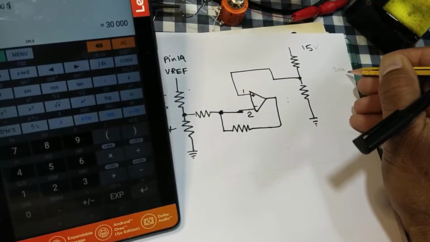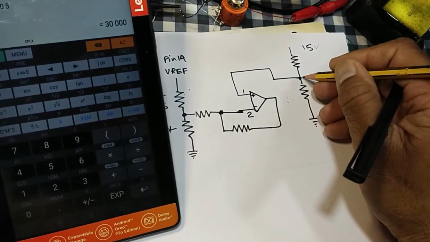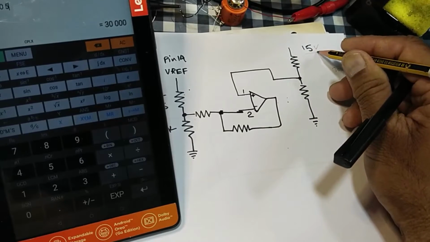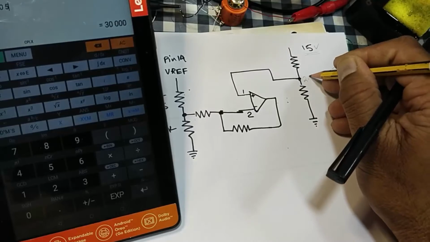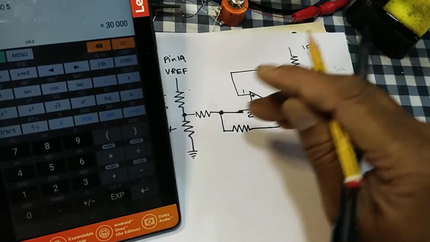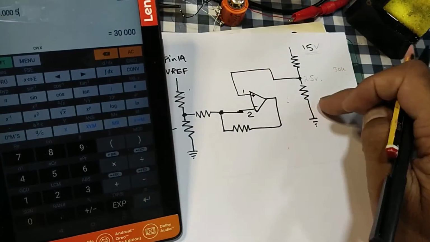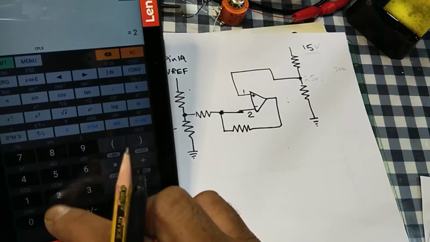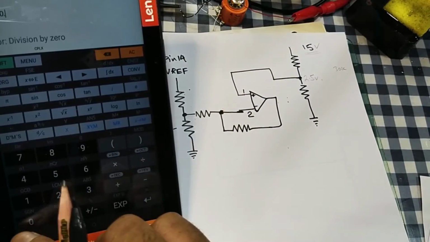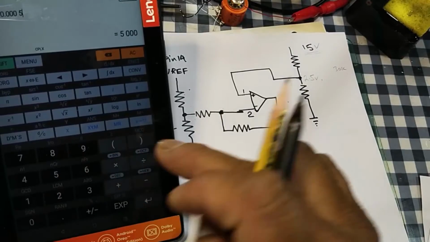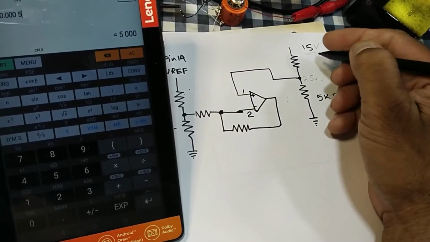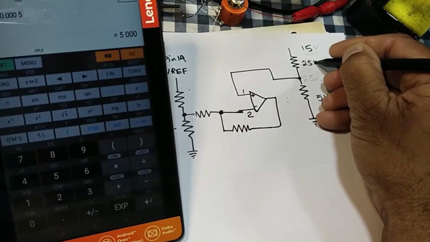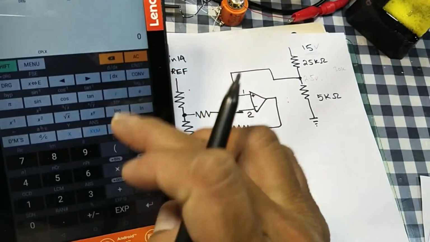And at this node, when the 15 volt is available, we need 2.5 volt. So we can calculate this resistor value. 2.5 divided by 0.0005 is a 5 kilo ohm resistor.